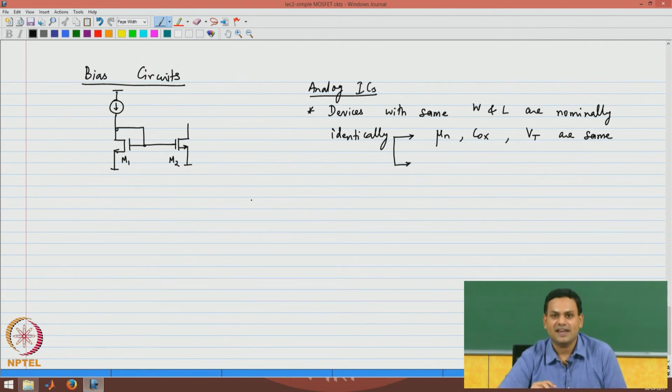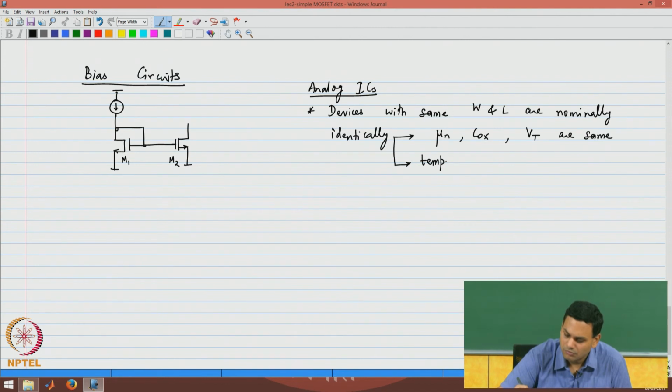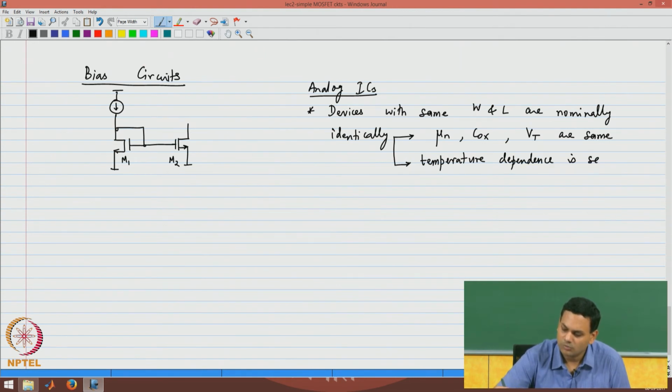The other thing you can say is that the minute they are on an IC, they are very close to each other, and therefore, they will experience very similar temperature changes, and therefore, you can assume that the temperature dependence is also the same.